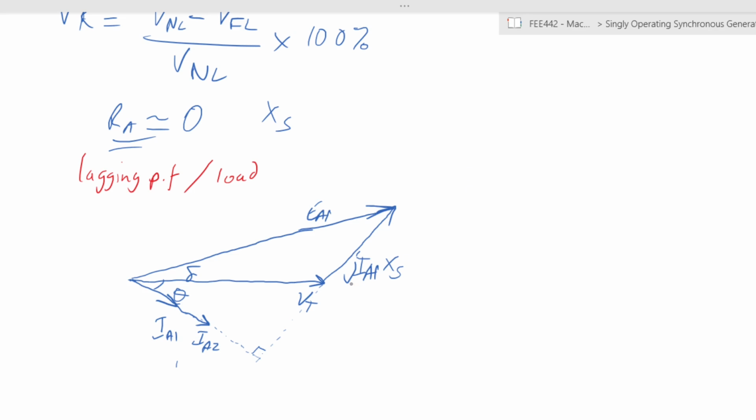The value of jIAXS will have to increase, okay? So the magnitude itself will be longer than what it is, jIA2XS, right? The magnitude of this voltage drop is more than the value of this voltage drop here, okay?